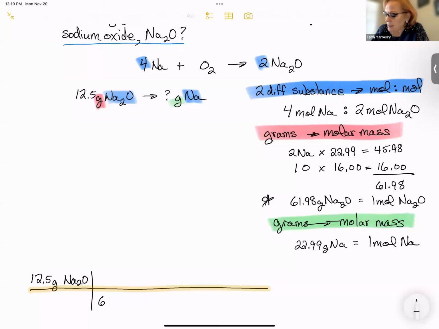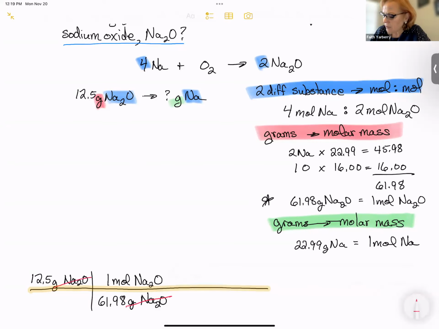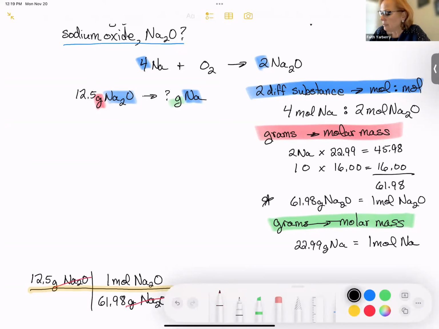We're going to place the 61.98 grams of sodium oxide in the denominator with the 1 mole of sodium oxide in the numerator. We place the grams in the denominator so that the unit and the substance would cancel, leaving us moles of sodium oxide.